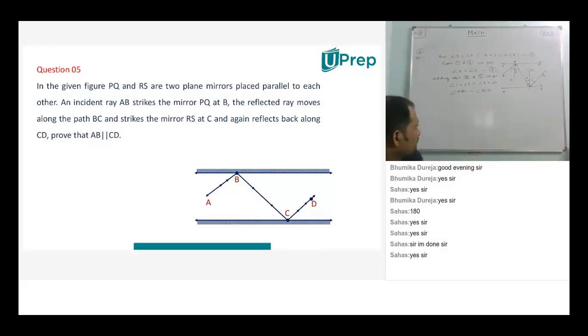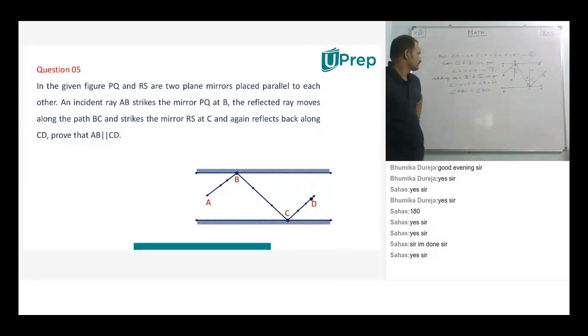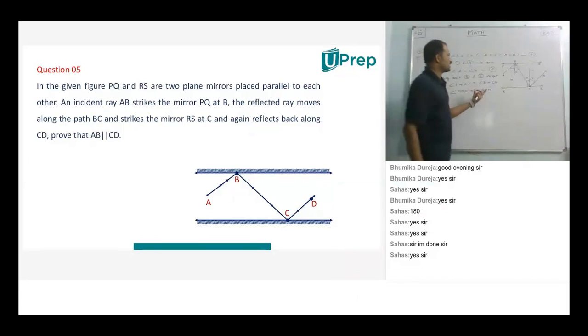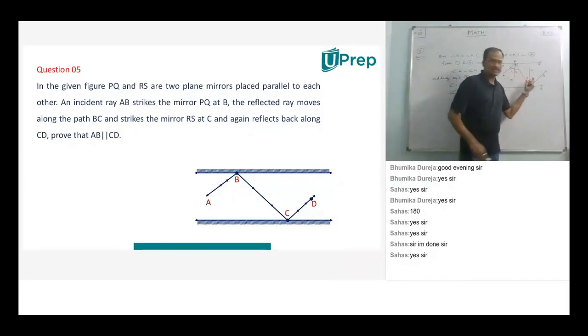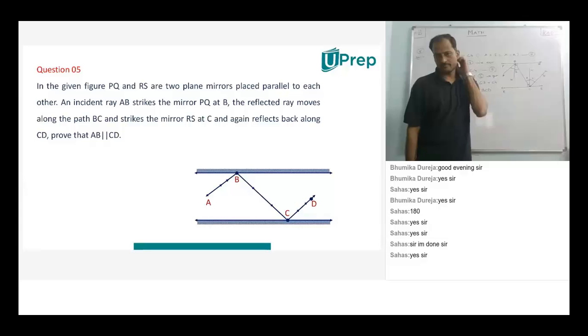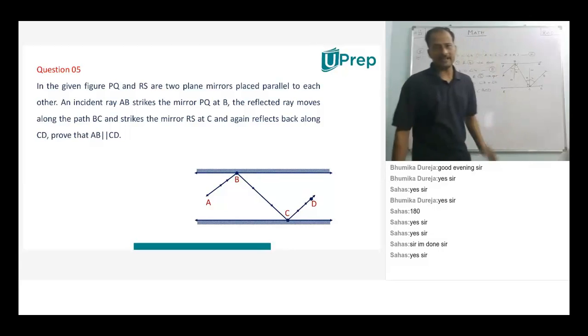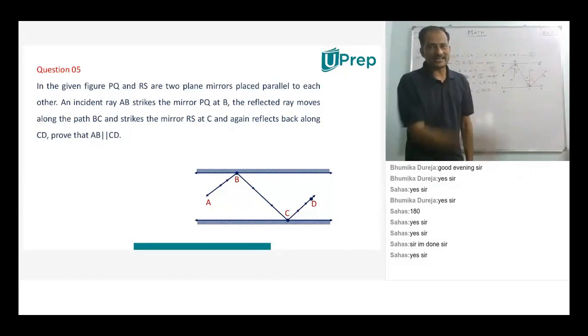Write down: but these angles are alternate interior angles formed when AB and CD are intersected by the transversal BC.